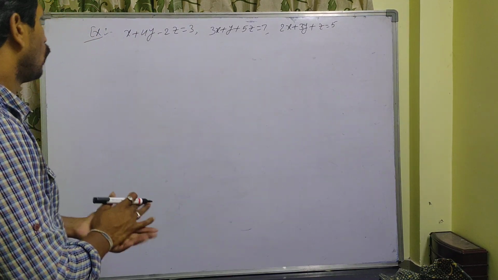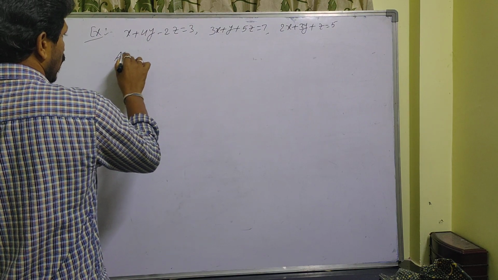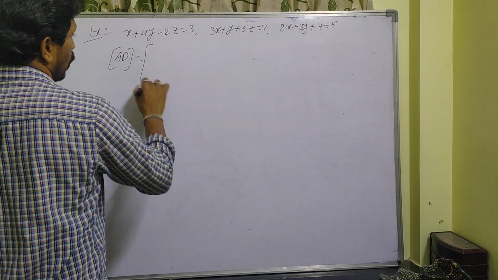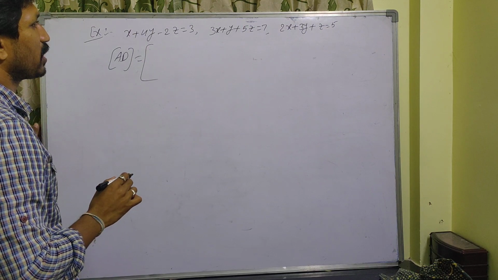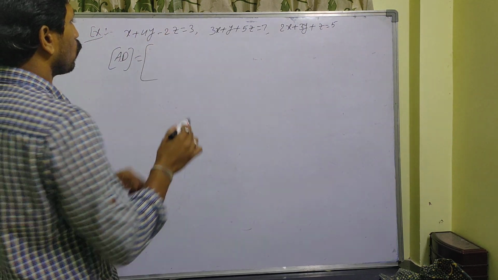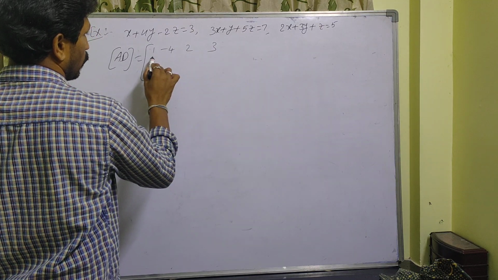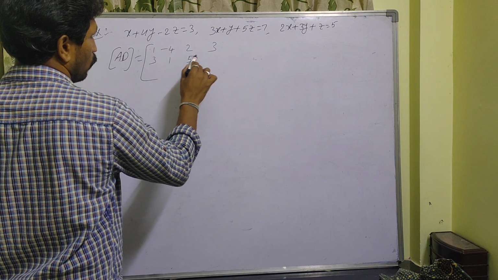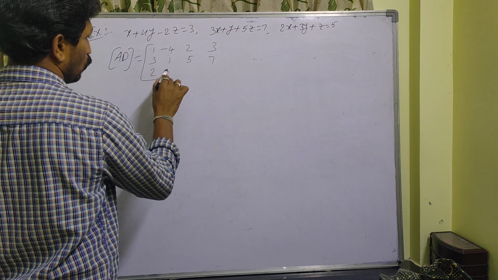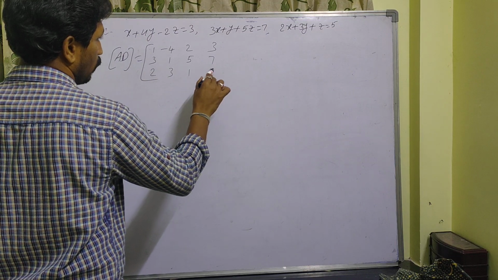Okay. So write the augmented matrix AD again. What is it? The augmented matrix is 1, 4, minus 2, 3; 3, 5, 5, 7; 2, 3, 1, 5.